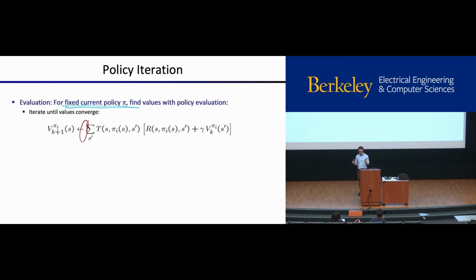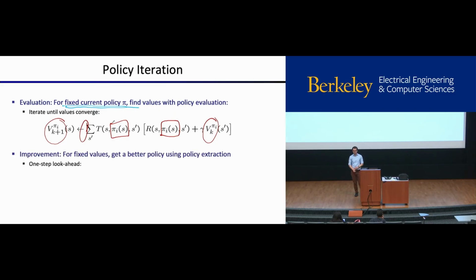It's saying we have a fixed policy. We want to get v pi k plus 1 in terms of v pi of k. We're only taking the action that the policy tells us to take. This is like the evaluation version of this Bellman equation. This is the update that will get us closer to the value of this policy.